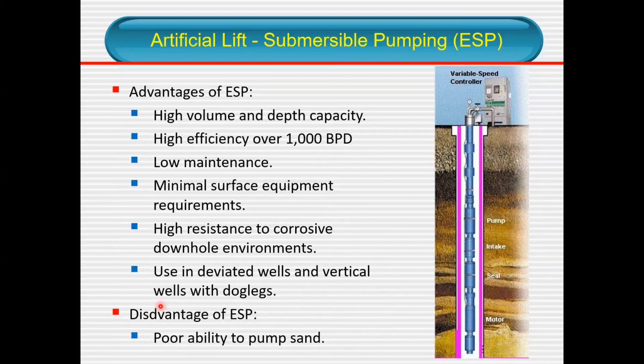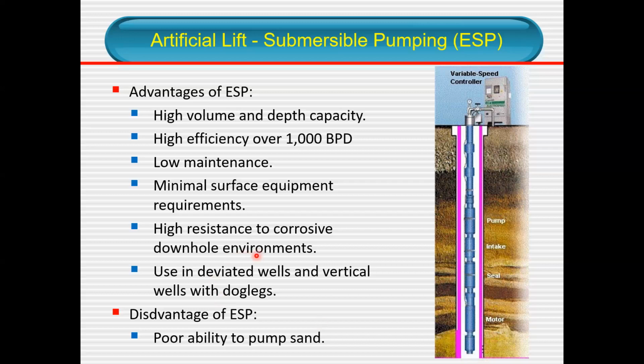Low maintenance, minimal surface equipment requirement. Everything is controlled from downhole, except the variable speed controller, which is only at the surface to control it. Other than that, all the main elements are down here.